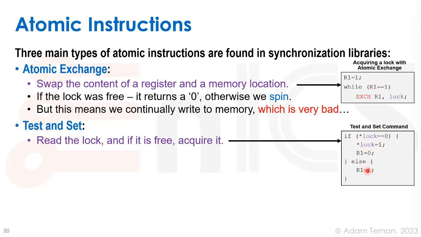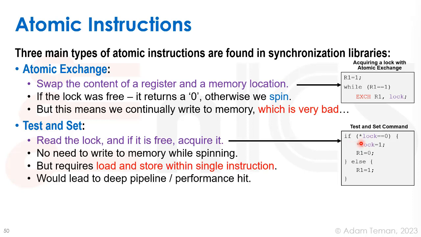Otherwise, we keep R1 at 1 and keep on spinning inside the test and set. So we don't need to write to memory while spinning because we first read the lock and we only actually write to the lock if the lock is initially free. But since this is atomic, we are still able to acquire it during this one operation. So we don't need to write to memory while spinning, and that's much better than an atomic swap.